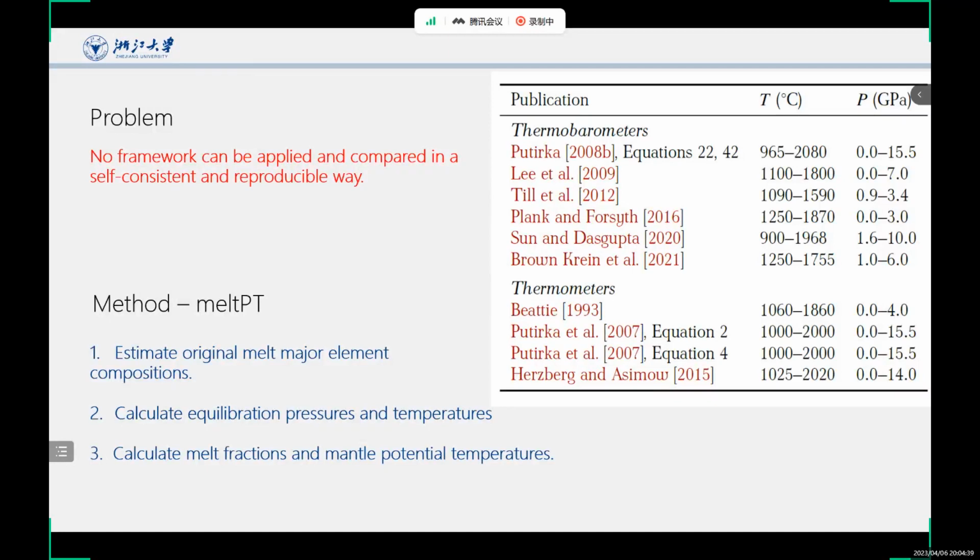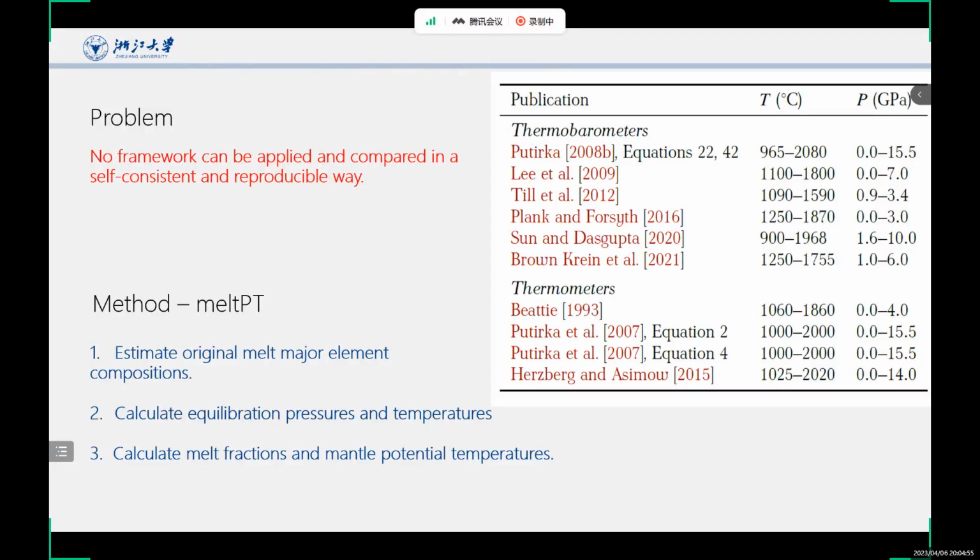But now they introduced their Python package called MeltPT. We can use Python to do it in an easier way.